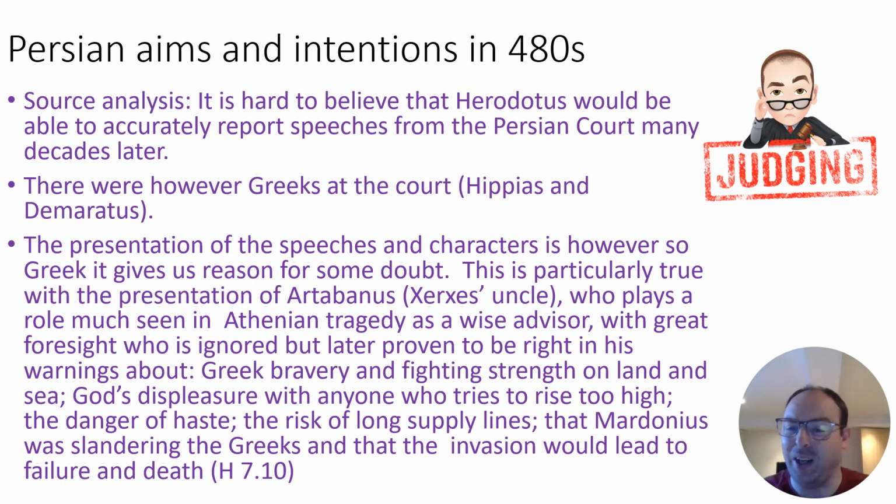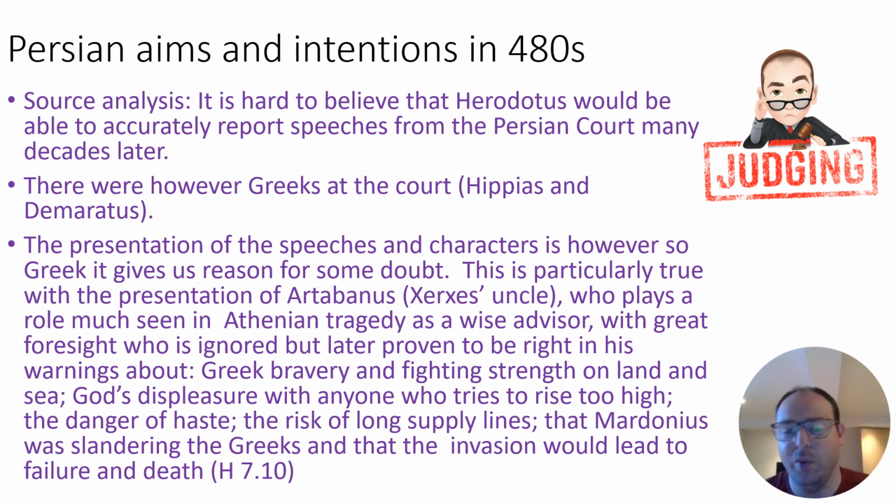Then there's more practical bits in this, like the risk of long supply lines, and we will know, when we get on to the main part of the Persian Wars, that actually the long supply lines were one of the most significant problems for the Persians.